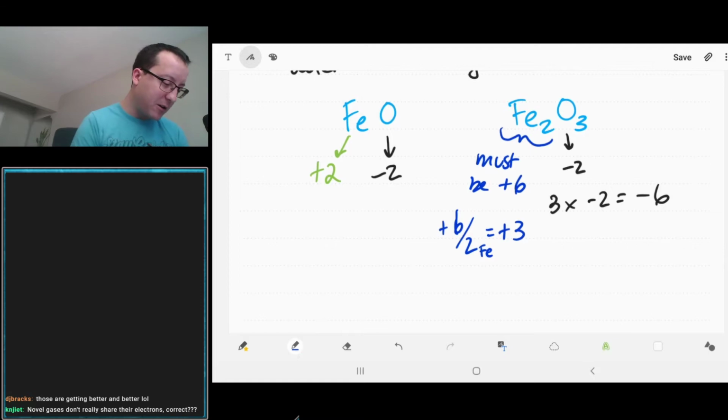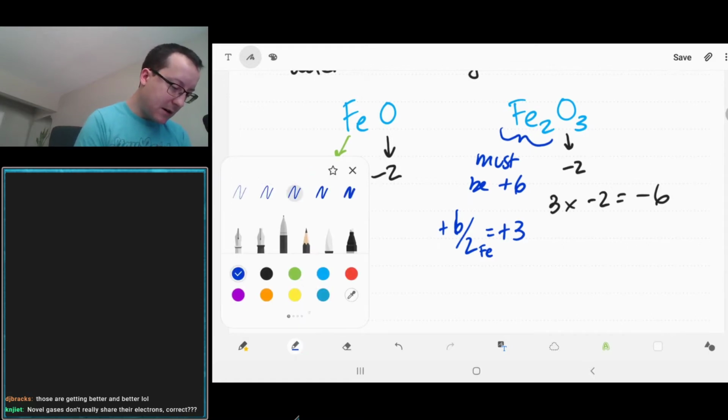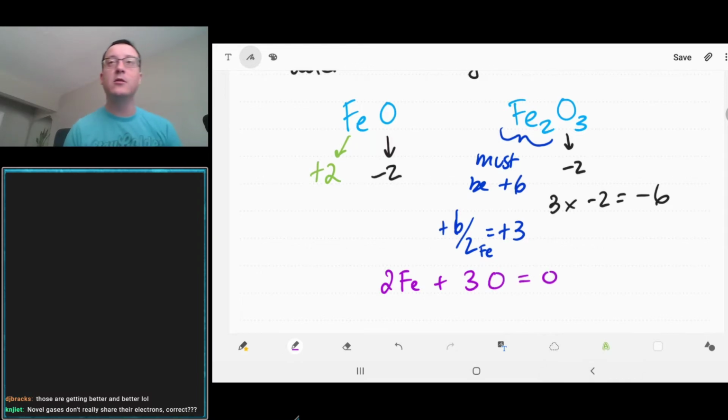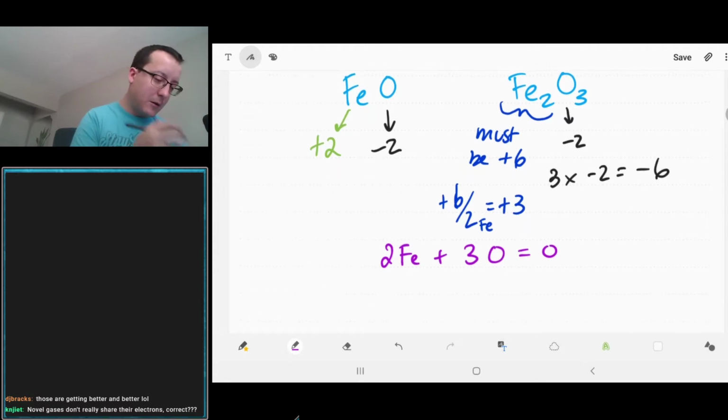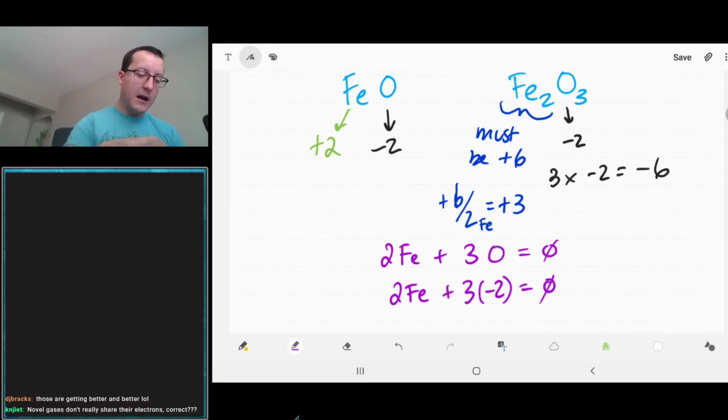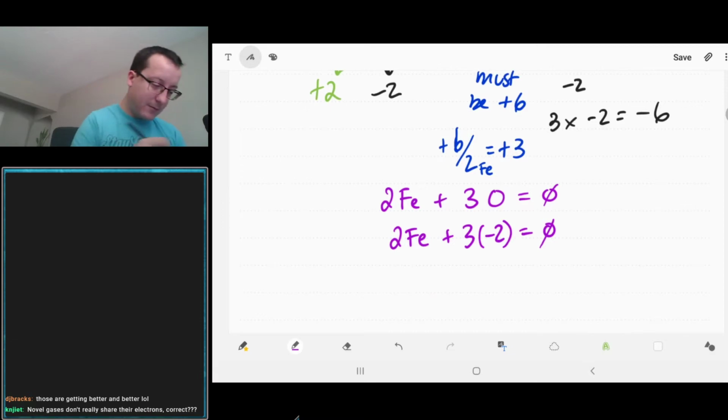All right, another way we could have done this, in purple, why not? We could have said 2 irons plus 3 oxygens has to equal 0. Just remember the charges always have to cancel out. We know that oxygen, here, I'll make the zeros more obvious, likes to be -2.